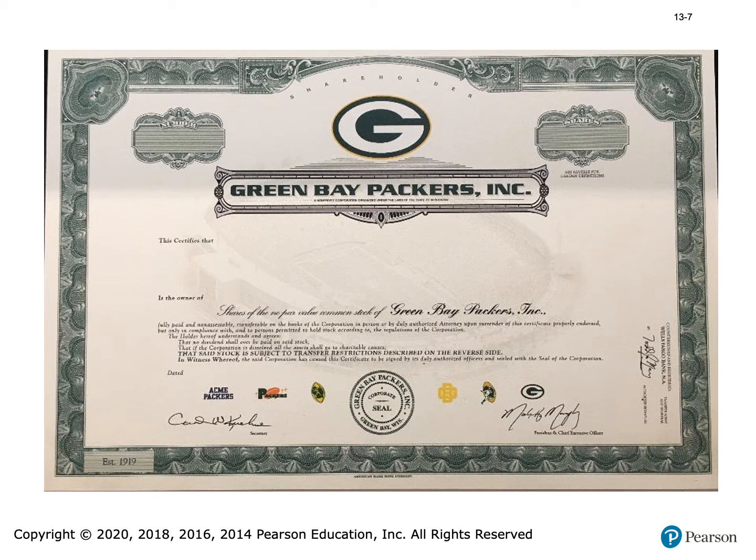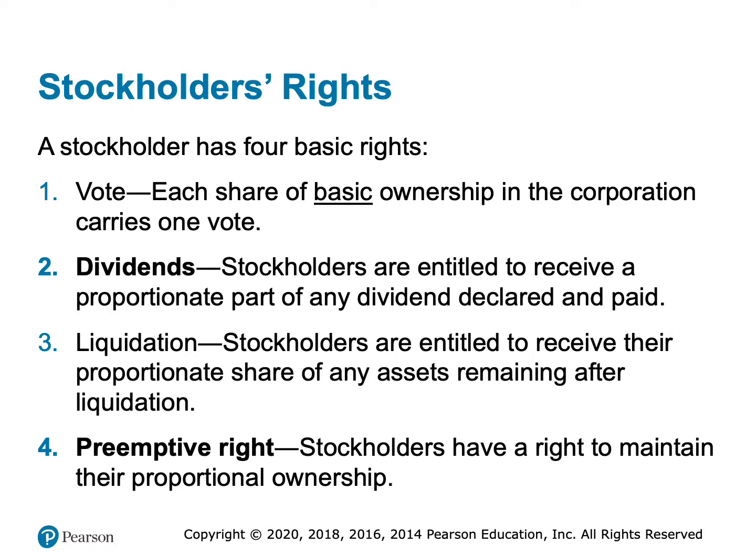So we sell it to the public, and then the initial owners buy it, and then they can turn around and sell it to other people. And like using the term that I used in the bonds chapter, it's like selling used stock then. That does not affect the corporation, but we'll talk about that a little bit more as we go on.